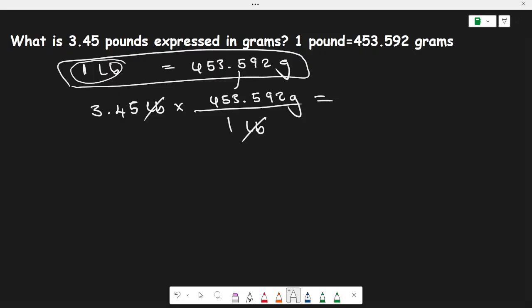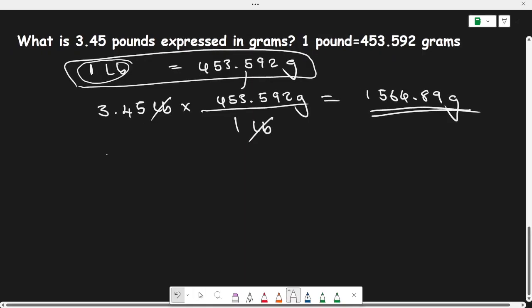So we're going to have 3.45 times 453.592. Okay, so your answer should be 1564.89 grams.